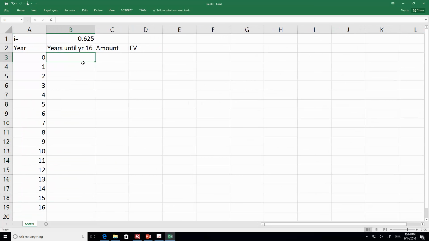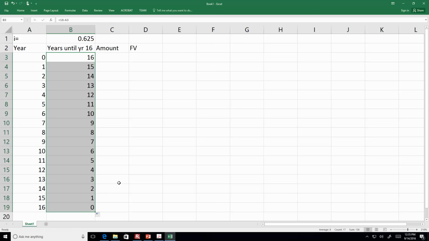And then an easy way to do this one is just equal 16 minus whatever year you're on. And remember, the whole purpose for this reverse order time is it tells us what our n should be when we're finding the future value. Just for example, something in year 1 needs to go 15 years into the future to take that amount to year 16. It doesn't need to go 1 year in the future. And so if I used n equals 1, then I'd be telling Excel the wrong number of years to carry it into the future. That's why I have to have that secondary time axis.